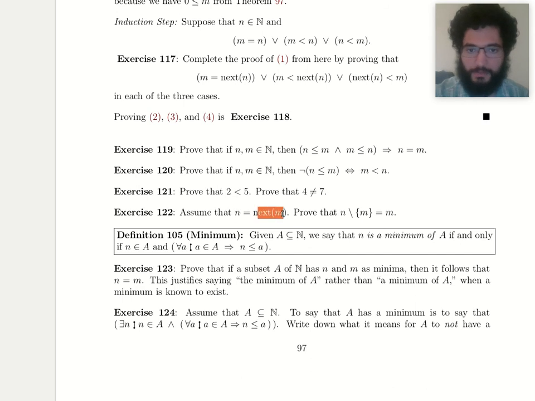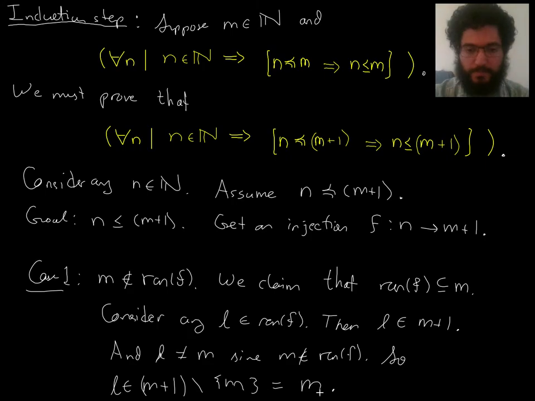So if N is M plus 1 here, then you've got M plus 1 here. M plus 1 delete singleton M is M. So by exercise 122, this is M. So L is in M. So we took an arbitrary L in there and we proved that it's in M. So that proves this inclusion.